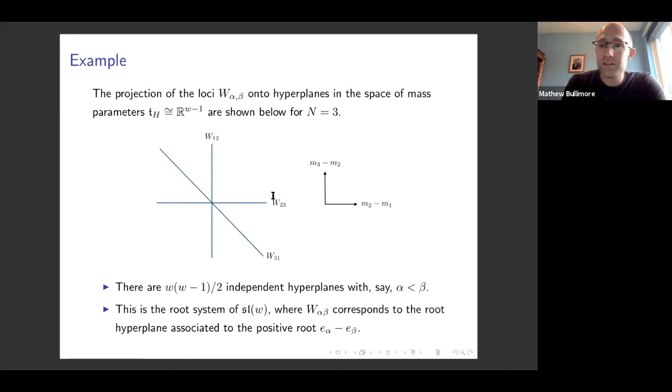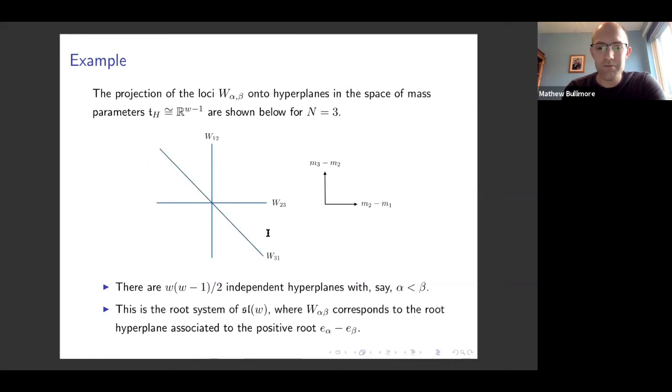So this is basically the root system of SU3. And more broadly, in the general case with W hypermultiplets, the independent hyperplanes that you get after projecting down are labeled by pairs of vacua where alpha is less than beta.